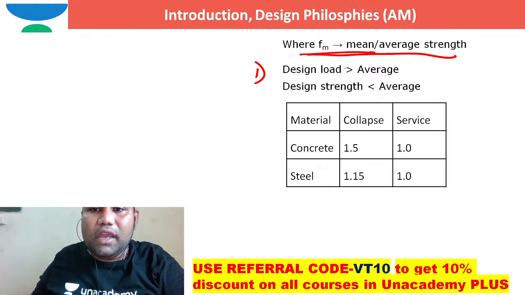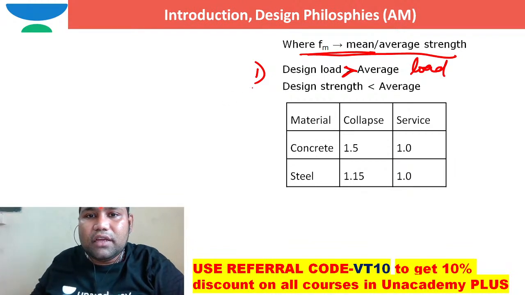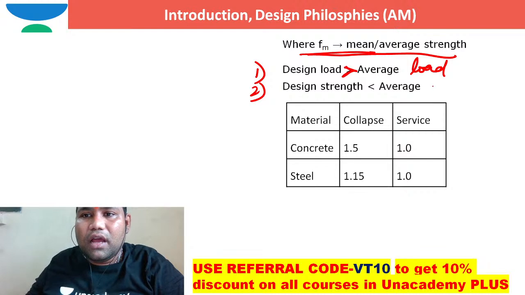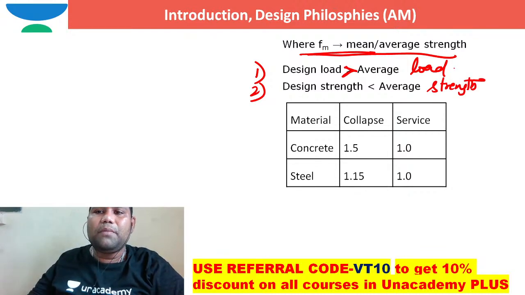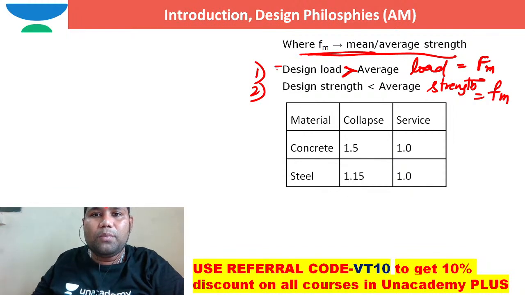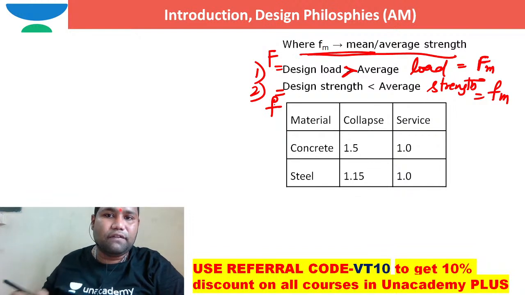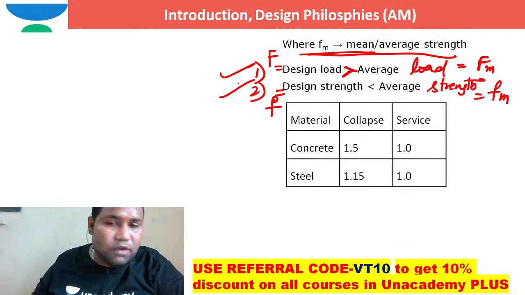Design load should be more than average load, whereas design strength should be less than average strength of the material. The average load I can call capital FM, and the average strength small fm. Design load I can write as capital F, and design strength as small f. These are the safety checks we generally need to use.